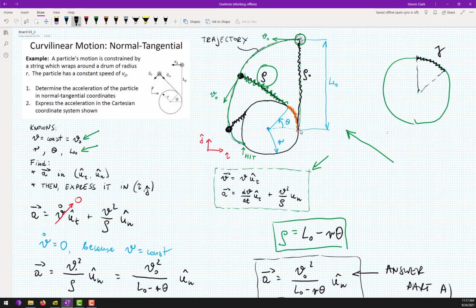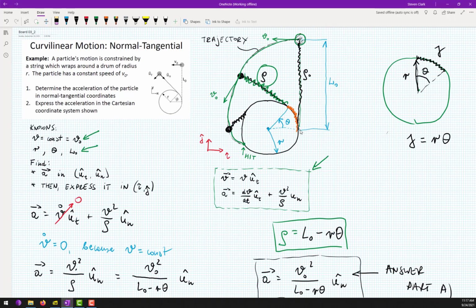So if you know the radius, and if you know that theta, gamma is equal to r theta. Easy. Yes, sir? Does it matter if theta is in degrees or radians? Radians. Yes.